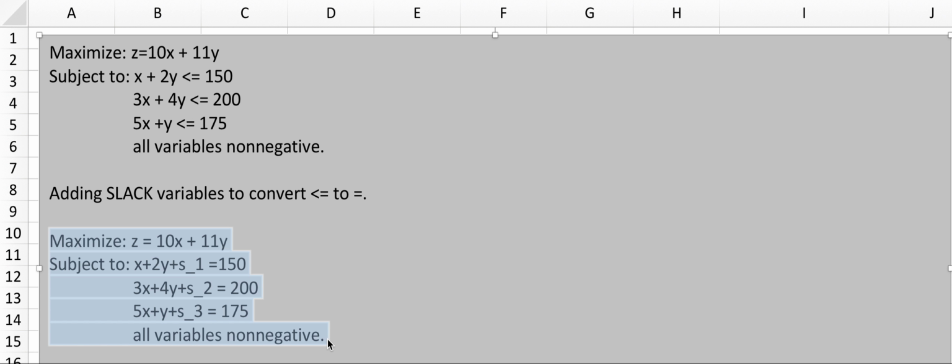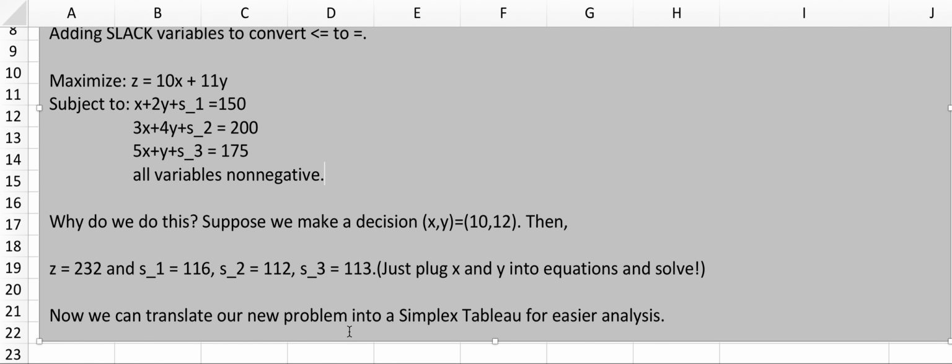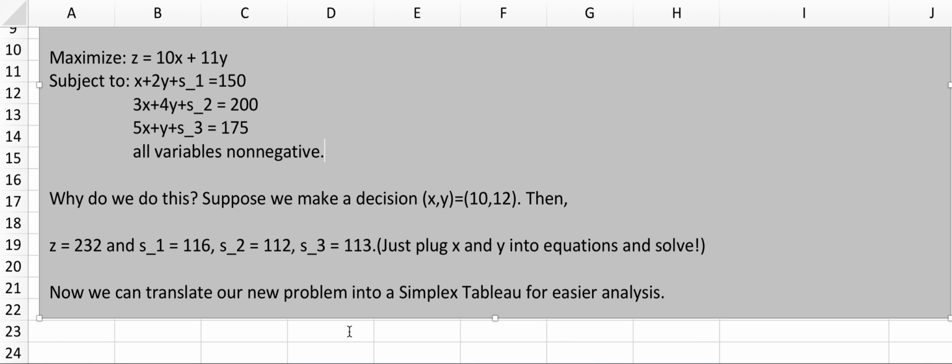Now that we have equations instead of inequalities for our constraints, we can not only interpret what these variables mean, but we can start analyzing the problem in a more mathematical way as opposed to a geometric or visual way. We're still basically using geometry when we solve these problems. We just aren't going to do it with a picture. So let's see why we do this. So let's look at our new problem.